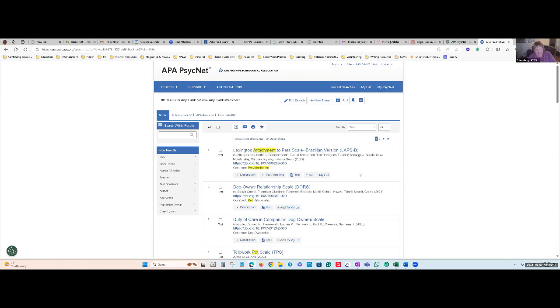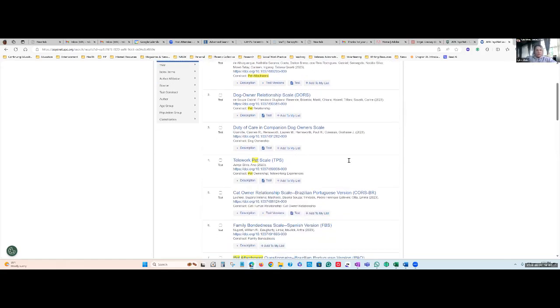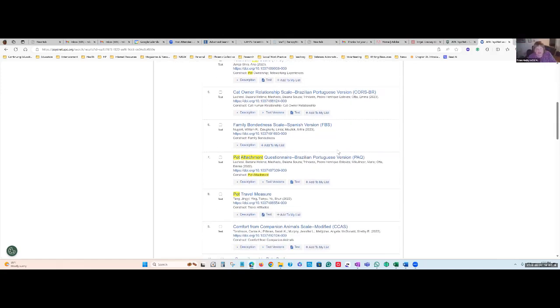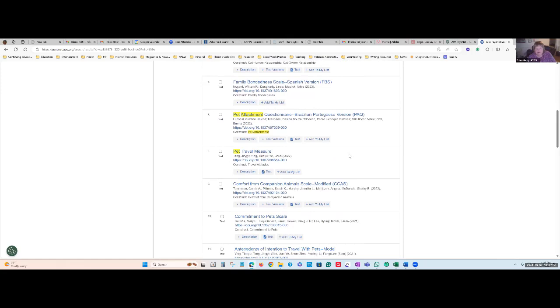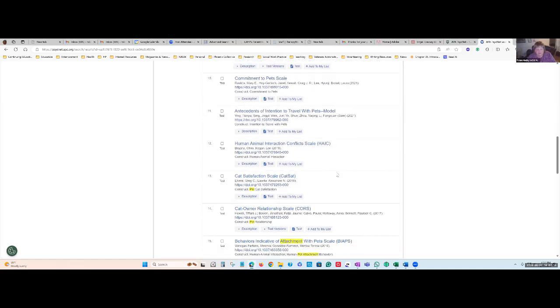There we go. Lexington attachment to pet scale. That's the Brazilian version, but dog owner relationship scale, cat owner relationship scale, pet attachment questionnaire, commitment to pets. I love it that they have some of these in different languages.